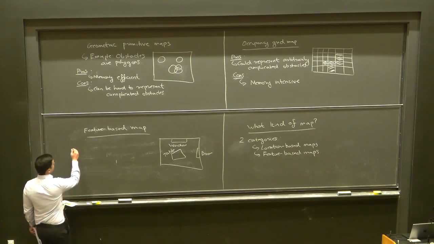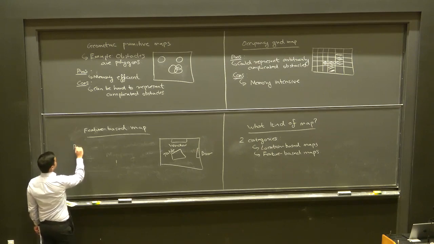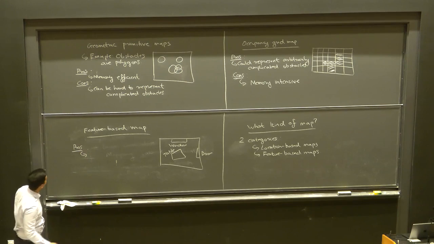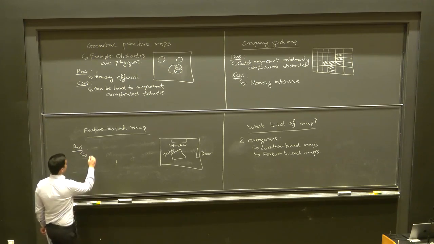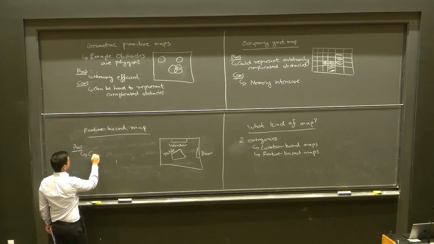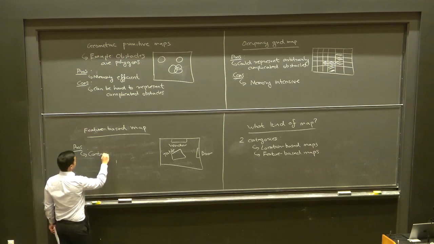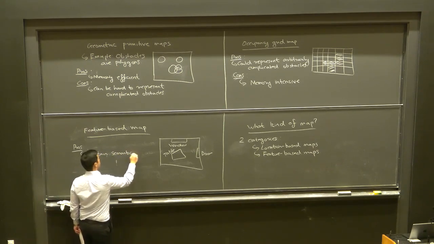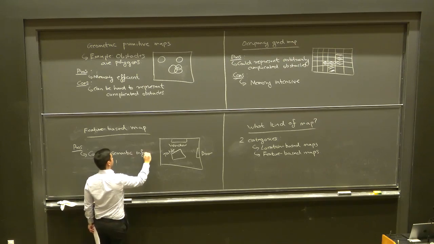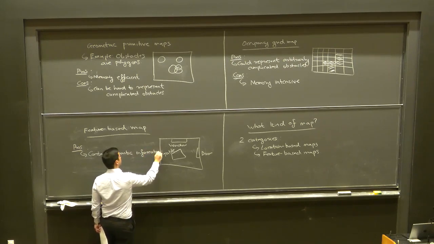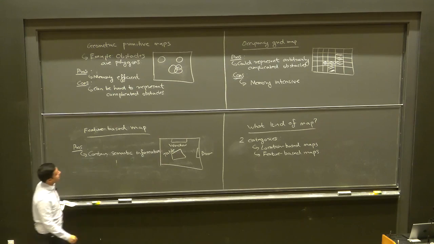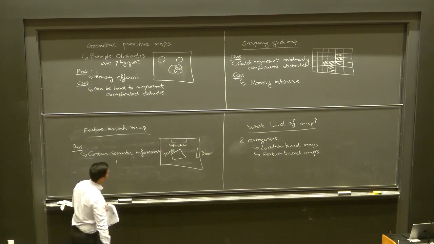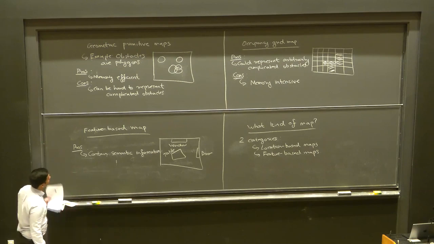The benefit of this representation, which I didn't really emphasize in the last lecture, I just want to emphasize here, is that it contains, or can contain, semantic information. By semantic information, I mean information beyond just the geometry of these landmarks.